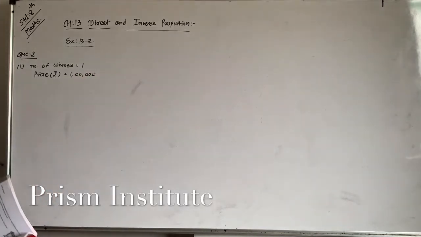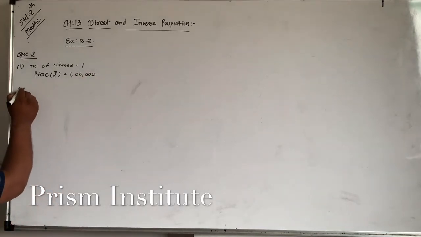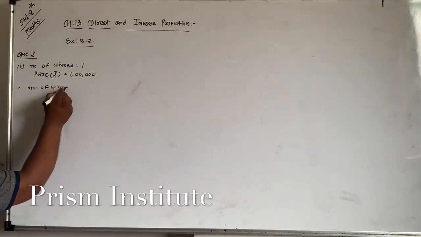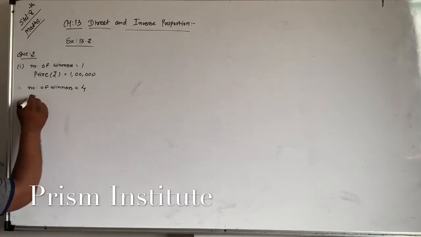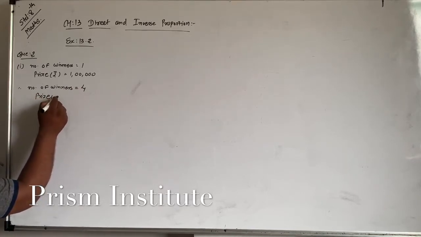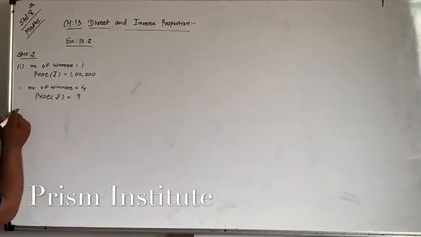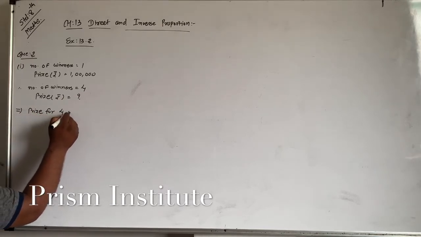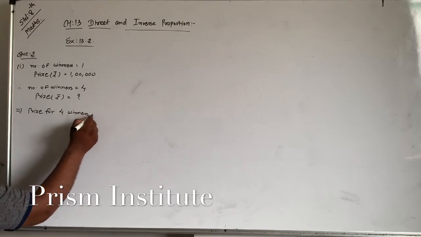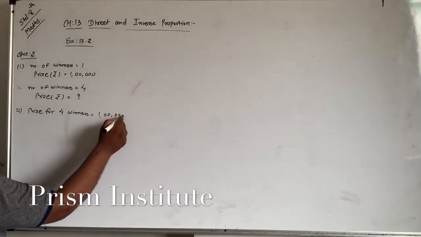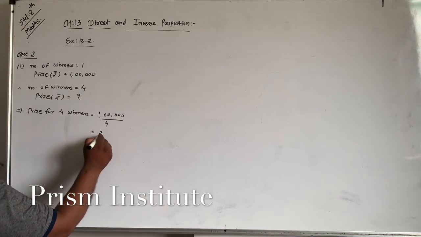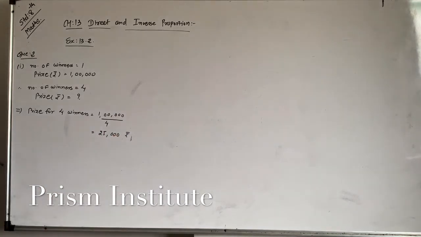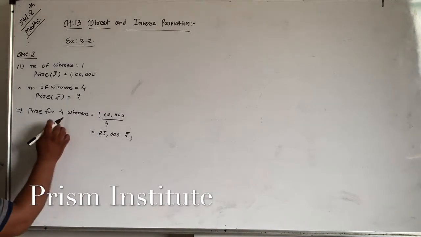Now in the table, the number of winners equals 4, at that time prize money in rupees will be 1 lakh divided by 4, that is 25,000 rupees. Okay, so 25,000 rupees amongst the 4 winners.